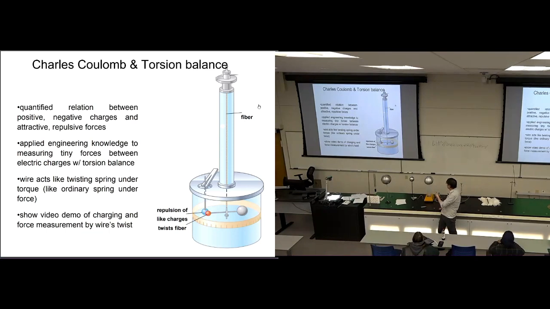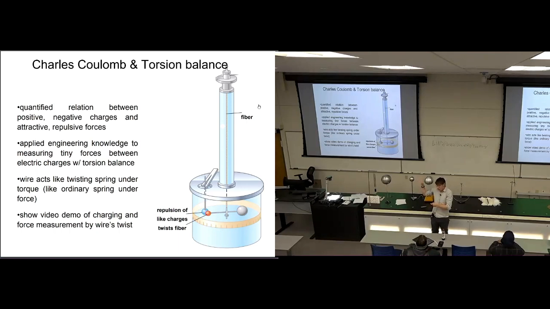Attached to the bottom of the wire is a horizontal beam that is balanced with objects on either side of the beam. The fiber is supported at the top. That fiber, if you were to physically twist it, or an electrical force was to twist it, like a spring, if you pull or stretch or squeeze a spring, it pushes or pulls back.